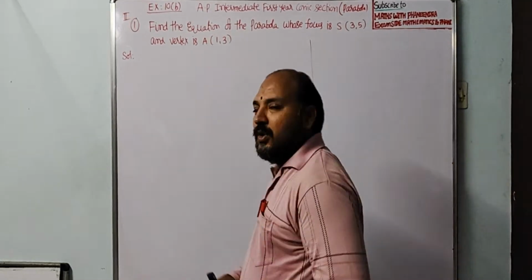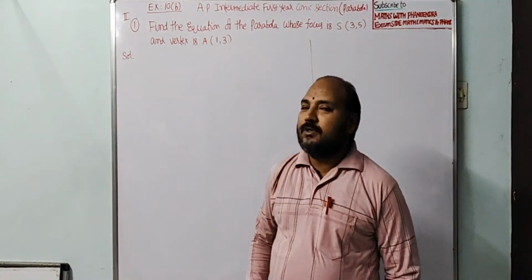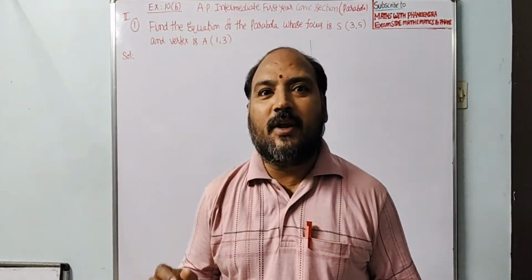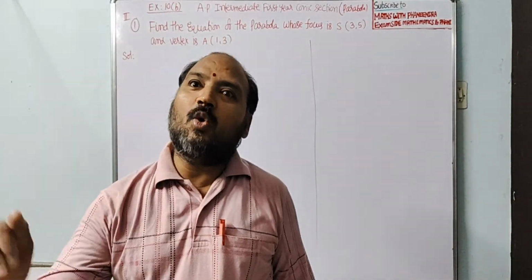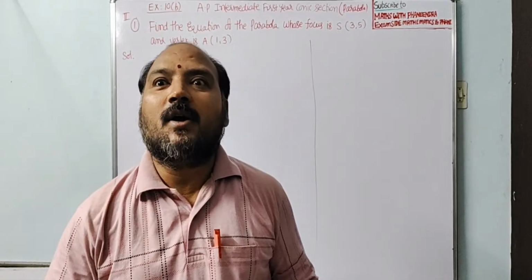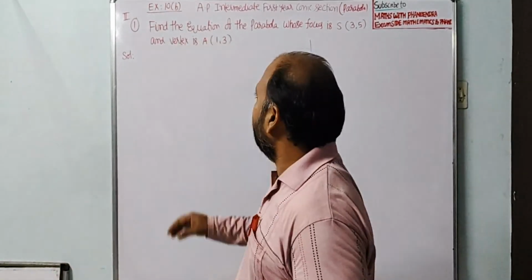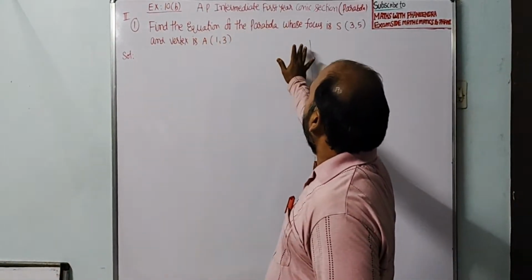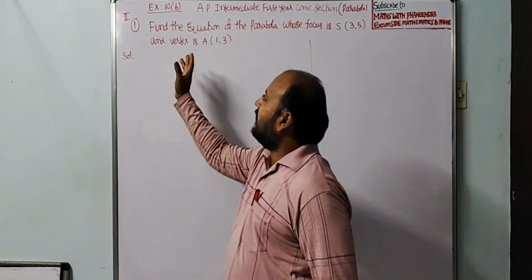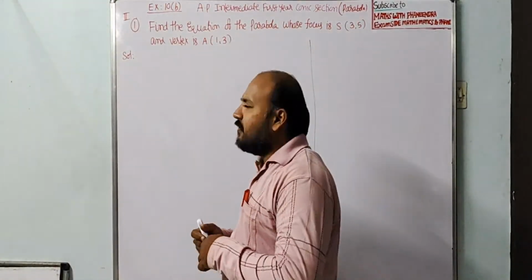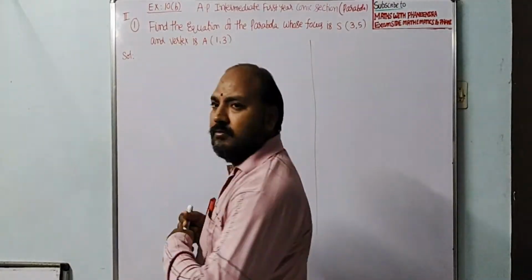Here first you have to analyze the question: what information is given, and with that how to proceed to calculate the equation of the parabola. Find the equation of the parabola whose focus and vertex are given. See, we are drawing a rough figure.